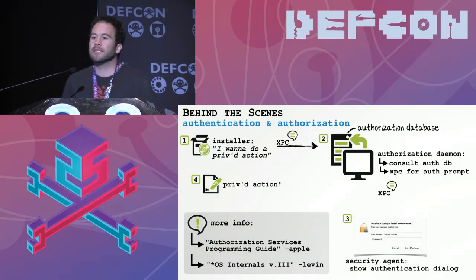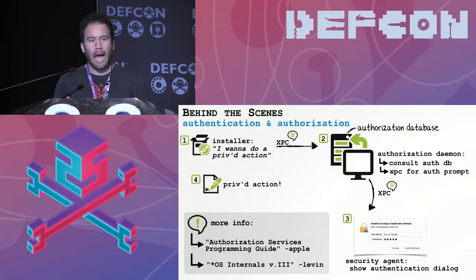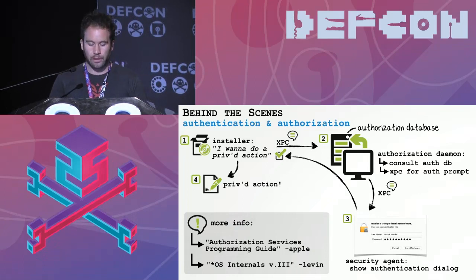So first let's look at a conceptual overview of what happens behind the scenes when an application, for example an installer, wants to perform a privileged action. So first it's going to invoke an authentication API. We'll talk about what these are on the next slide. This will generate an XPC message which is sent to the authorization daemon. This daemon then consults the authorization database, and it usually says, okay, I will allow you to perform this action, but first you have to re-authenticate.